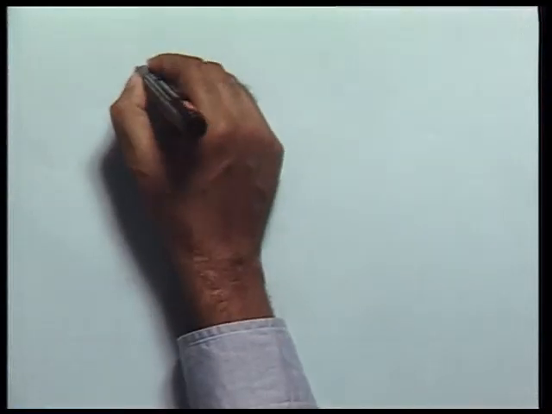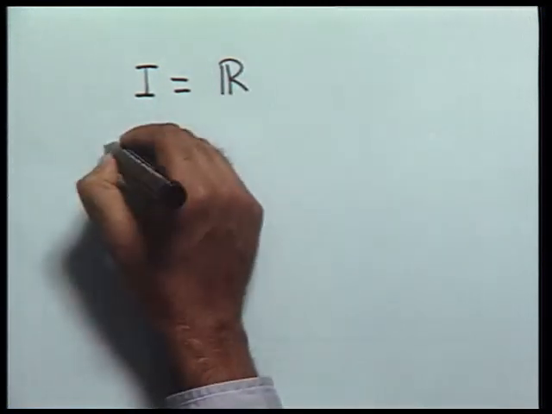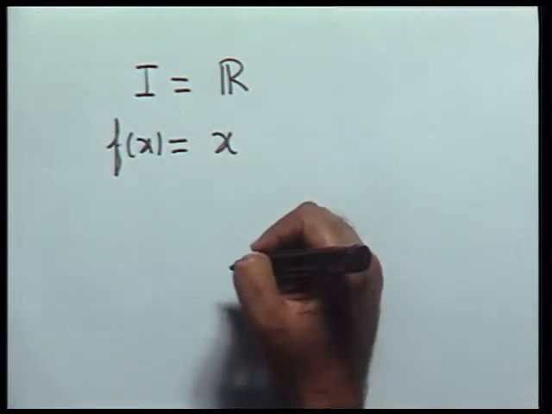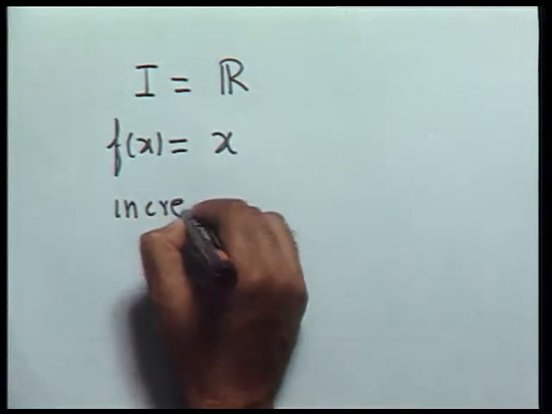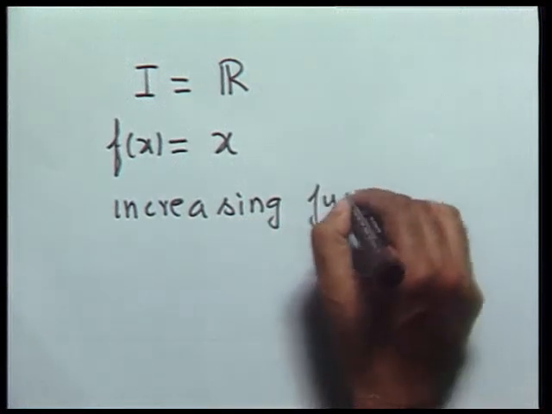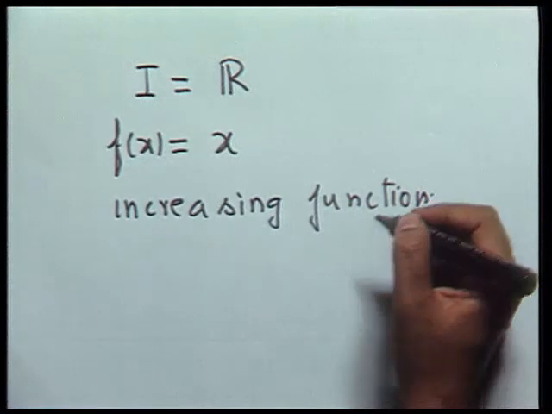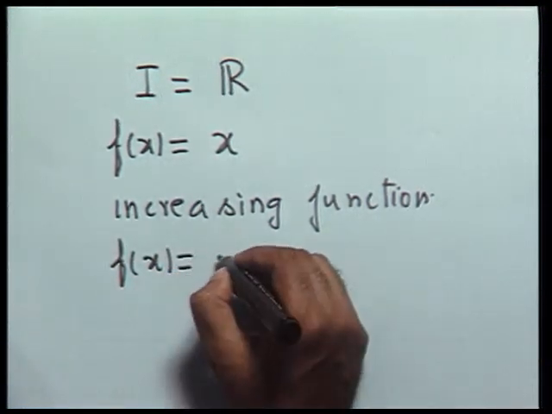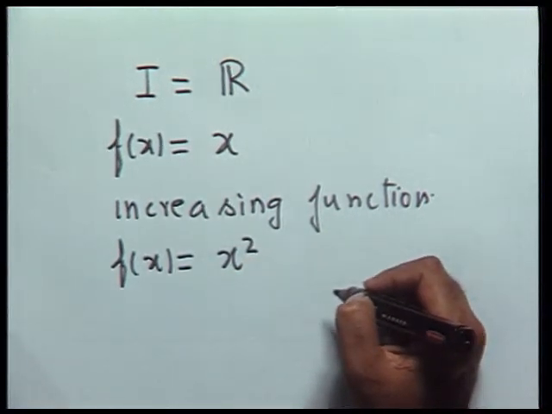Let us take I, this open interval, to be the whole real line. Let us take the function f(x) equal to x. You can see very clearly that this is an increasing function. Let us take f(x) equal to x square. What happens now?